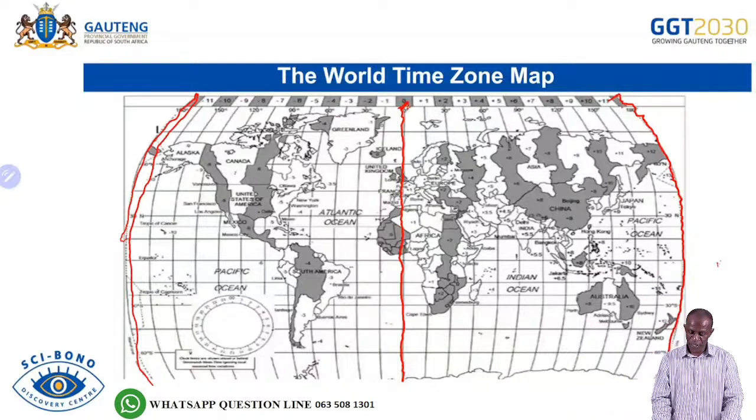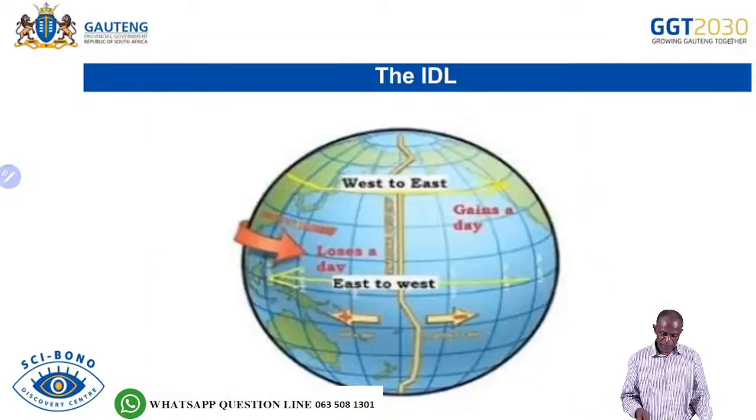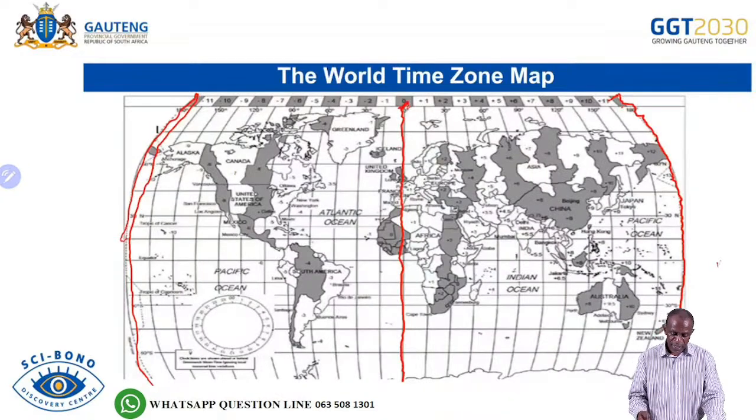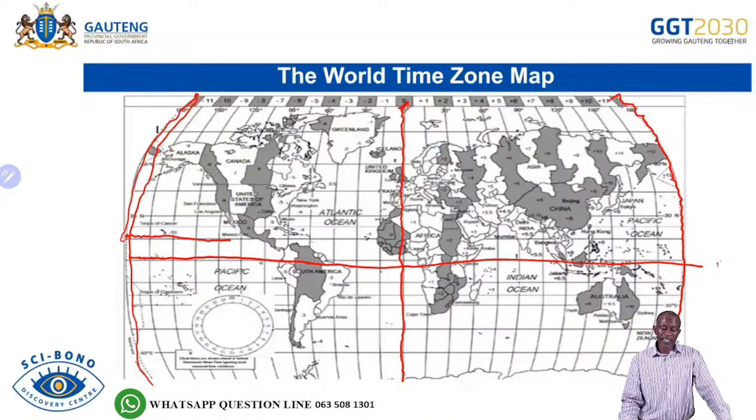Contrary to the longitudes, we said we have the 0 degrees latitude, which would be your equator, and will separate the world into northern and southern hemisphere.